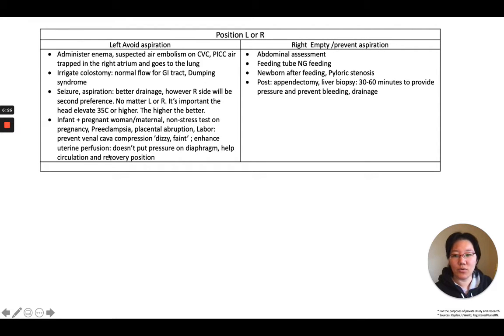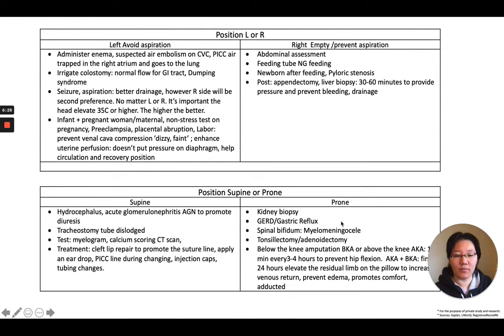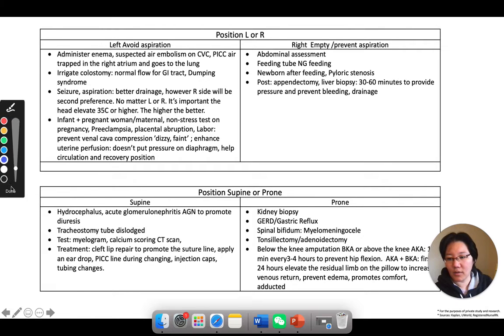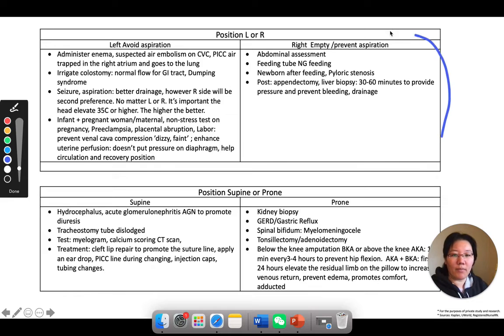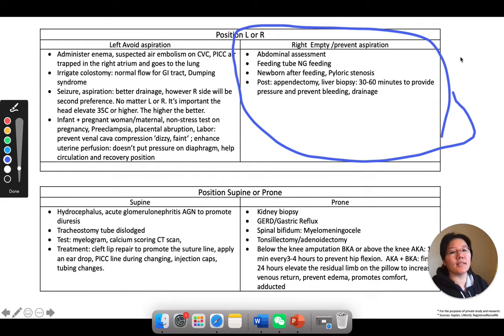So what I do is, for the next one, position supine or prone. Supine is the following conditions, prone is the following conditions. With this one, how I remember is, rather than remembering left and right, I'm just going to remember the right part.